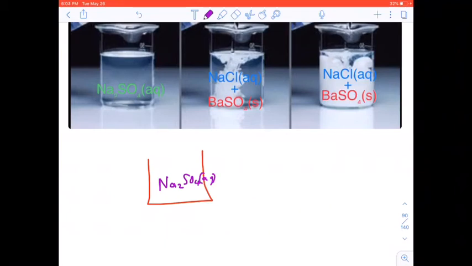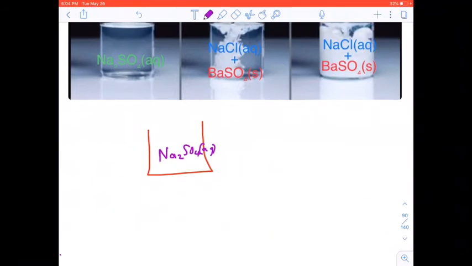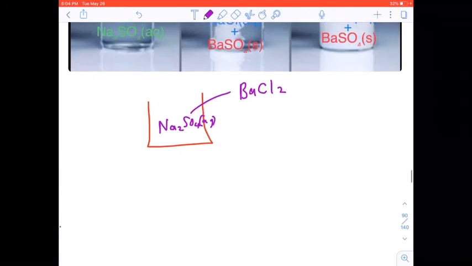Now we want to know if there's a sulfate present in tap water. What reagent can we use? Let's use barium chloride. The reason we use barium chloride is that we know barium chloride is soluble in solution, but barium sulfate is insoluble.